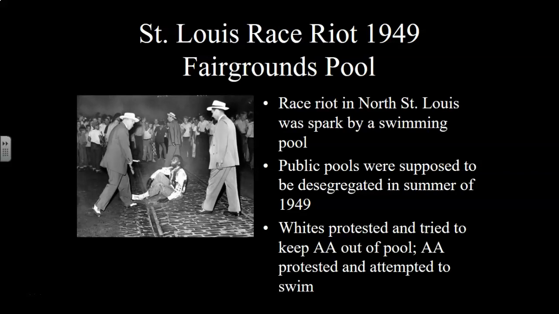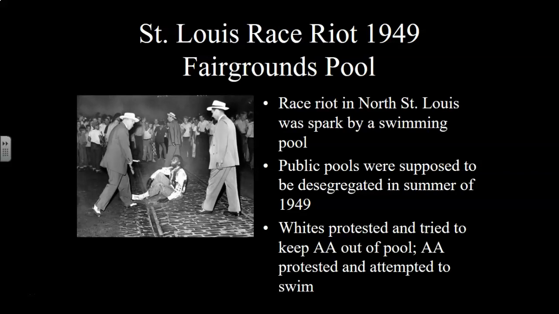Later on, just before the civil rights era, St. Louis city pools are segregated into white and black pools, but in the summer of 1949, the city decides to desegregate the swimming pools and allow blacks and whites to swim together. And so this is going to cause a problem at Fairgrounds Pool in Fairgrounds Park.